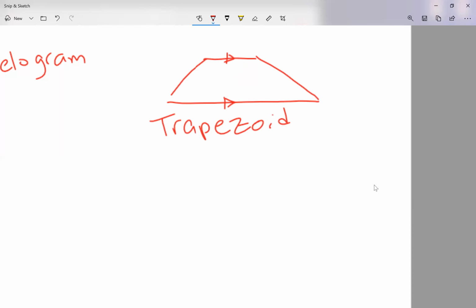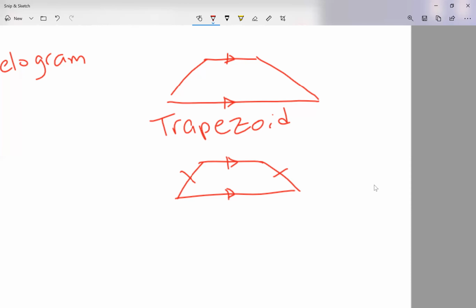There is another one, a special kind of trapezoid. In a trapezoid, the top and bottom are parallel, right? So let me draw a trapezoid here. But the interesting part of this other trapezoid is that the two sides that are not parallel are the same size.